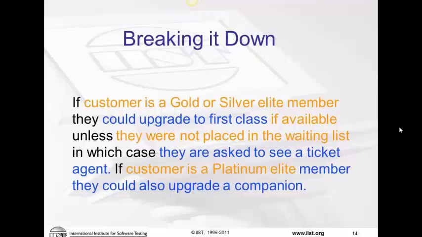If you look at the things I put in yellow: customer is gold or silver. First class is available. Unless they were placed in the waiting list. Customer is platinum. What am I pulling out here?